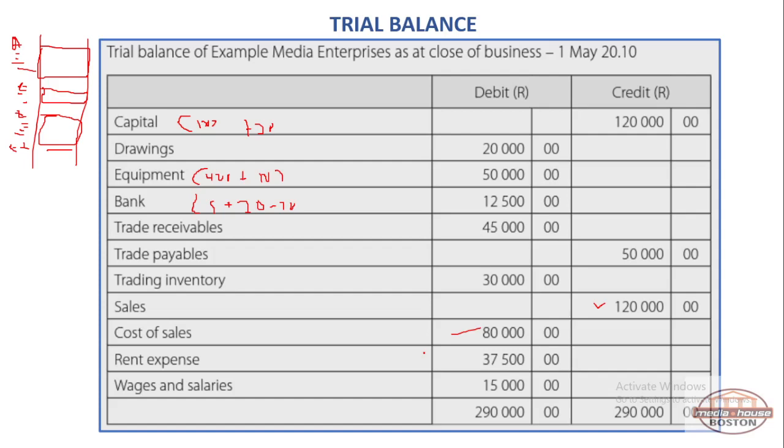The interest income that you are seeing below there is supposed to be added under other operating income, so you can include it there instead, because it's an other operating income.